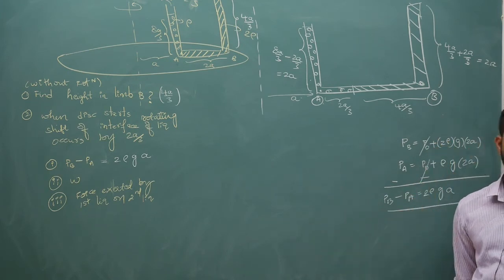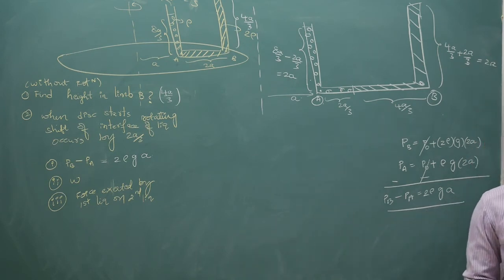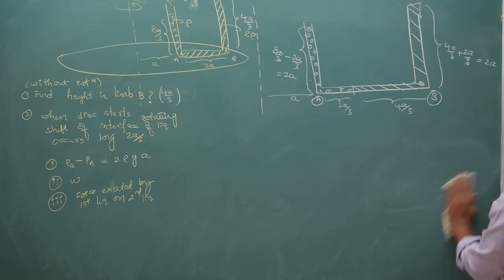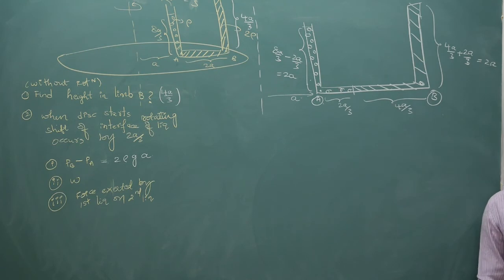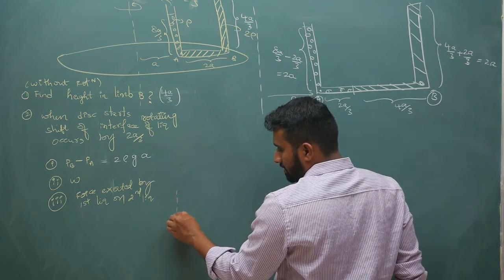Next, omega. Now this omega is the trickiest part, so keep this aside. PB minus PA is 2 rho g a, we know it. Very clearly I have told you the pressure difference between 2 points in a rotating container like this.